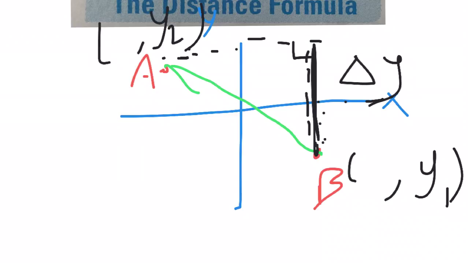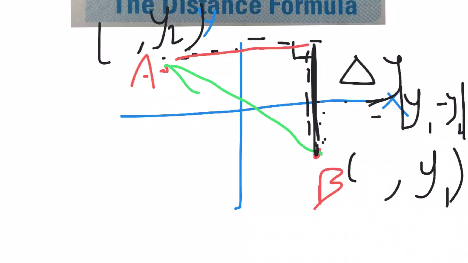So delta y would be equal to the absolute value of y1 minus y2. The reason we put it in absolute value is because we want it to be positive. It really doesn't matter which one you subtract first. All we want is the number, because distance is always positive.